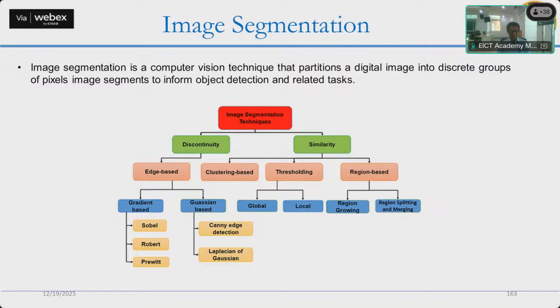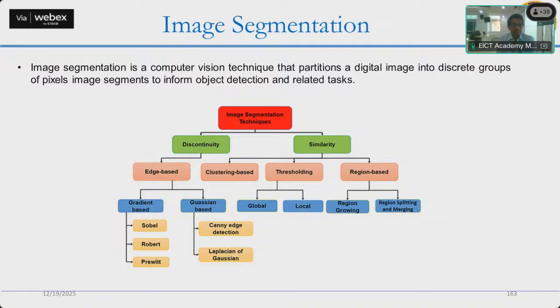So see, here the key difference is in morphology, erosion and so on, you are basically removing that portion. But in segmentation, remember, you are extracting out some portion. In erosion it is completely removal, and your remaining image is the only useful part.